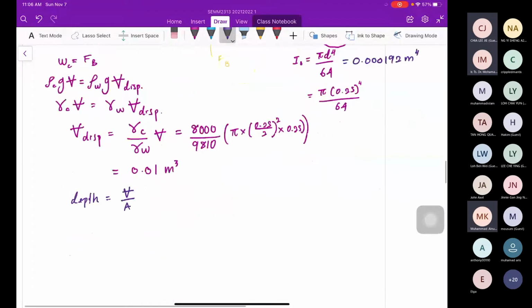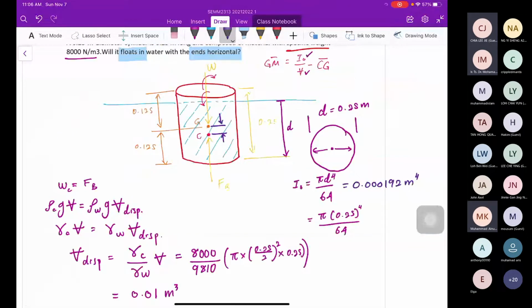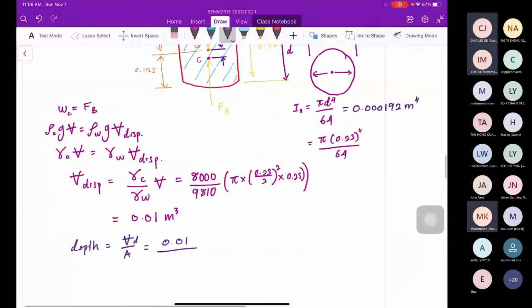So this is the displaced, equal to 0.01 divided with the area of this circular shape, which is pi d squared over 4.